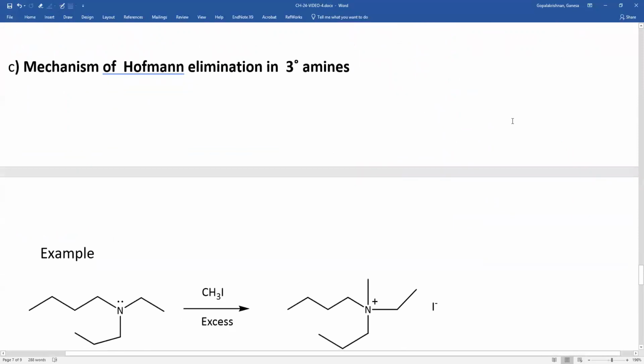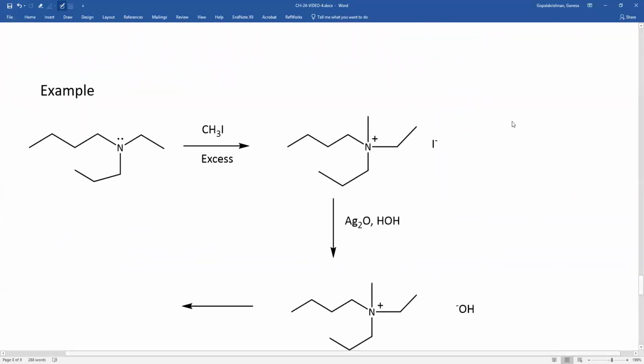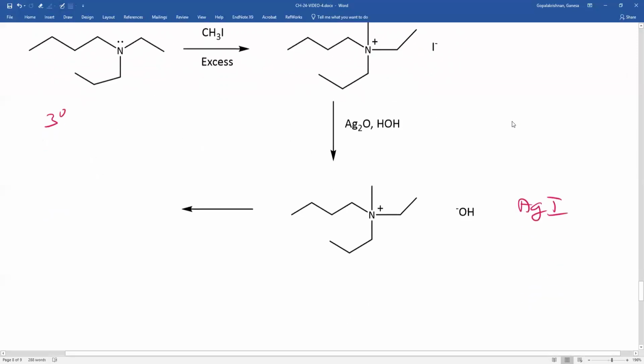If you go to the tertiary amine, this is the tertiary. Already it has 3 alkyl groups. If you treat it with excess of methyl iodide, it replaces one. So this is the quaternary ammonium salt. And with silver oxide, it becomes silver hydroxide. In this case, there are 3 groups that contain beta hydrogen, alpha, beta.